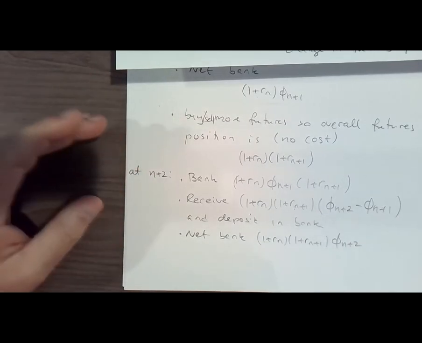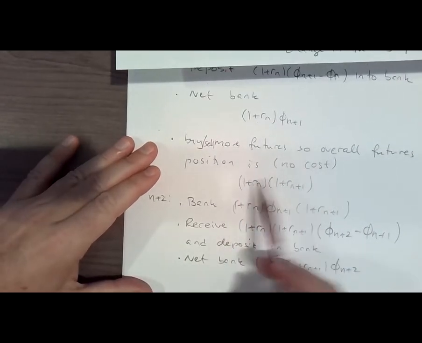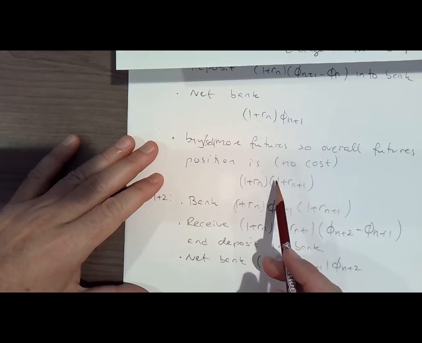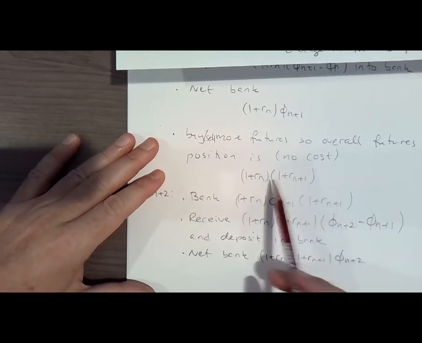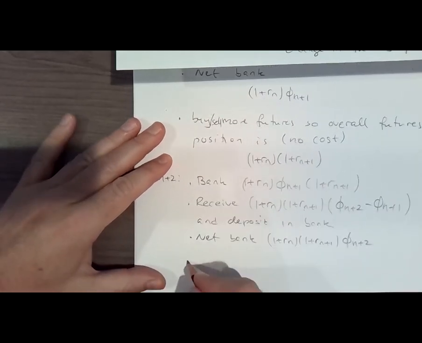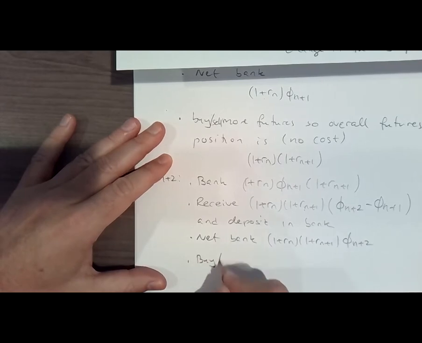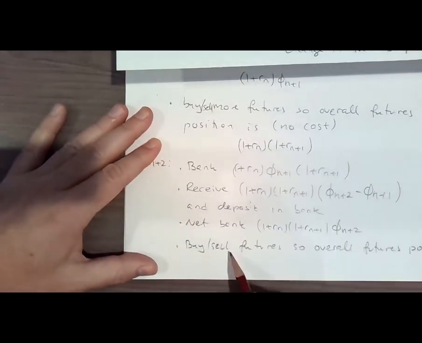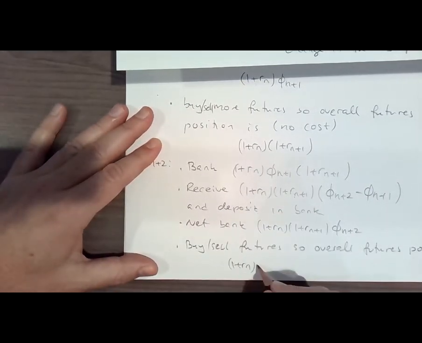And then we keep doing this. We're going to change the futures position, buying or selling futures, so that the overall futures position is 1 plus Rn times 1 plus Rn plus 1 times 1 plus Rn plus 2.